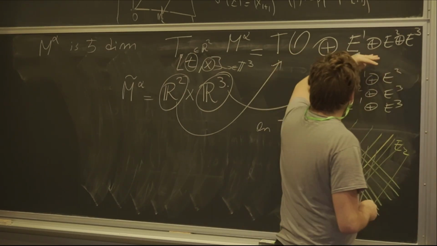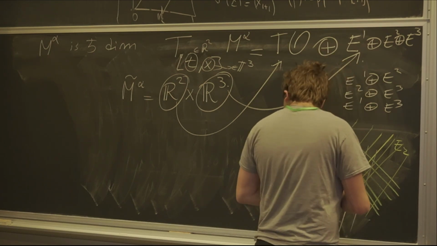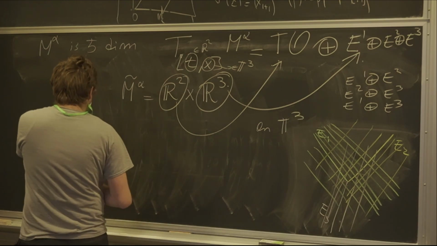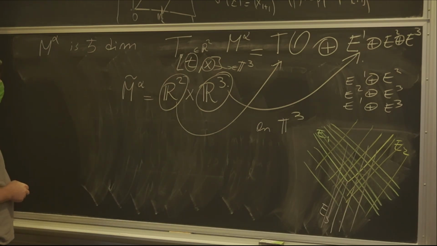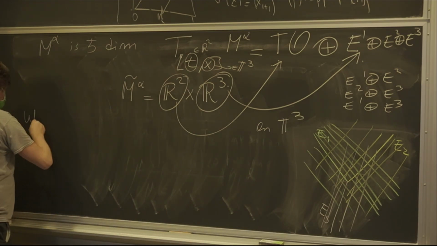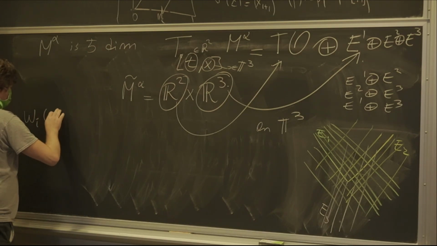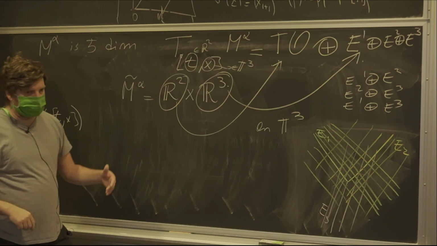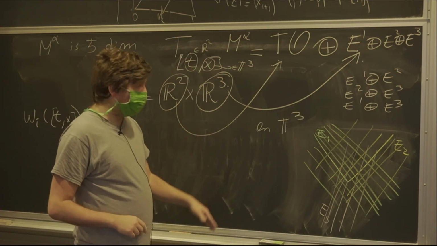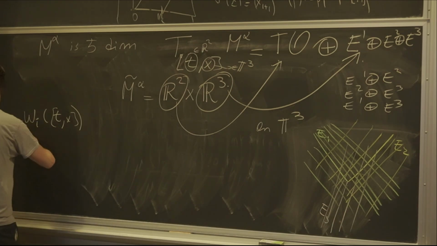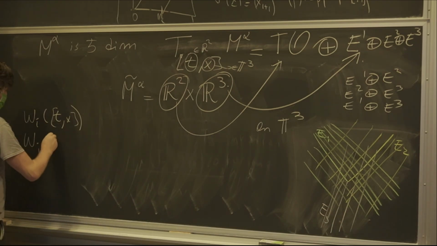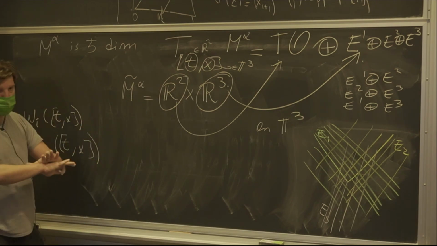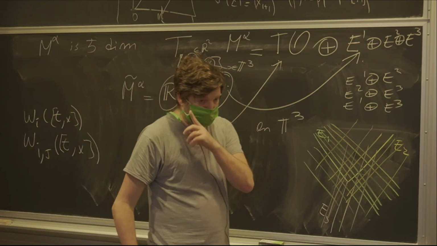And once I know all this, I will put a name: Wi of Tx is the name of the leaf where it has to belong. And I also have this Wij of Tx when I put the pair of foliations together.